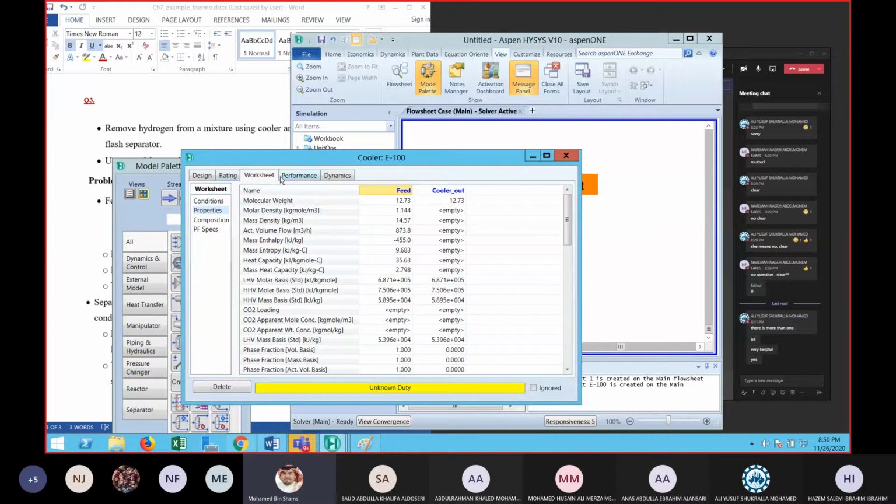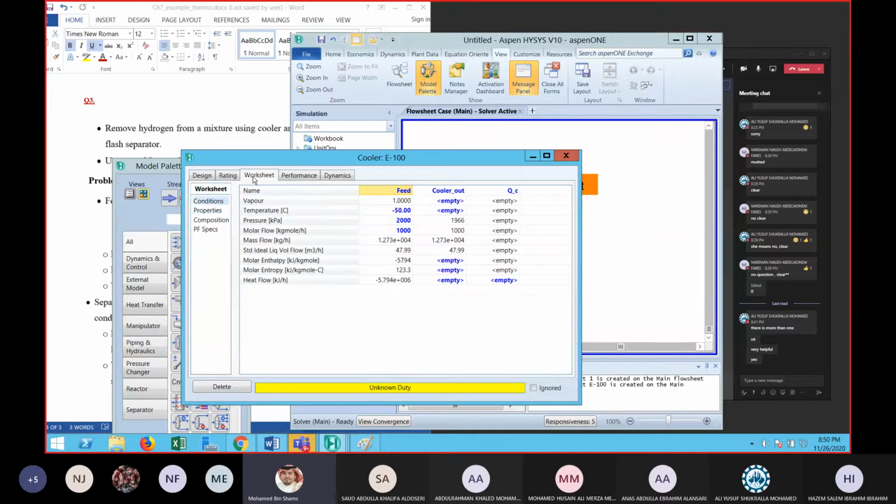Sorry guys, let's go to the condition. I don't have the outlet temperature, so to make the stream converge I set QC to 0, meaning no heat exchange.